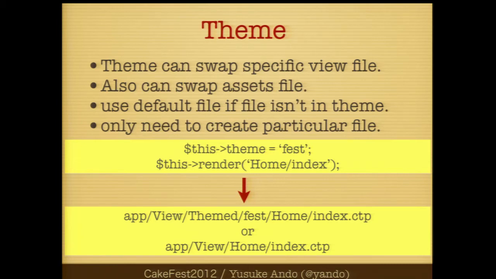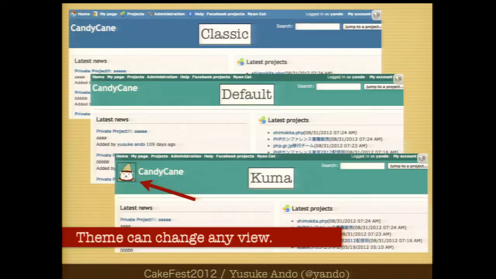This is a very useful feature. Like if you want to show some specific header just for the staging or development environment, you can just create a theme and put some extra things there. It will be shown just for that theme when enabled. And actually, CandyCane is using the theme feature pretty much.